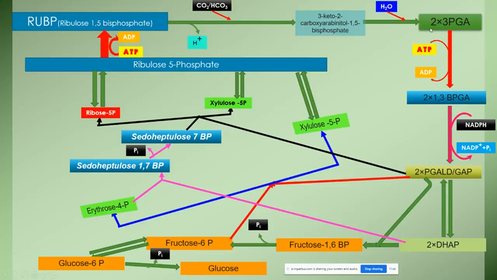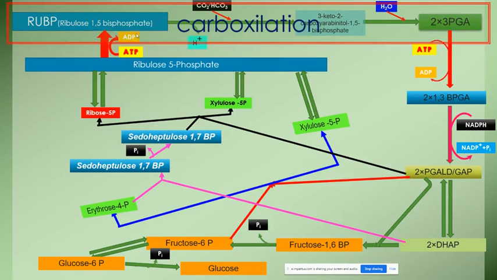It will produce two 3-phosphoglycerate, then 1,3-bisphosphoglycerate, then phosphoglyceraldehyde, dihydroxyacetone phosphate, fructose 1,6-bisphosphate, fructose 6-phosphate. After that it will produce glucose, and now the first reaction phosphoglyceraldehyde, then dihydroxyacetone phosphate, then phosphoglyceraldehyde. Now it will produce ribulose 5-phosphate, and again RuBP will regenerate. Clear?